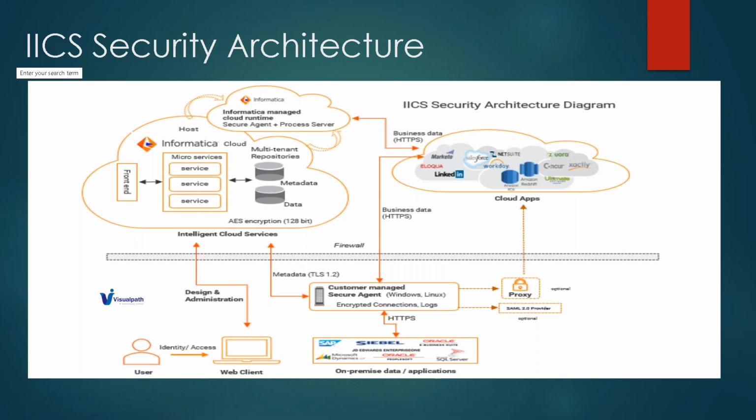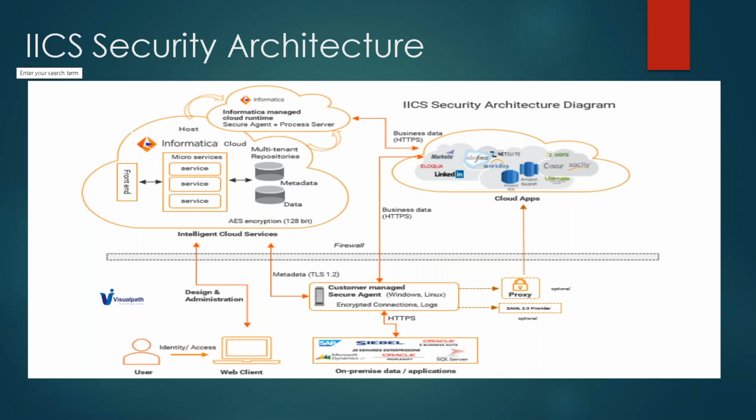This is a platform, a service which is more along the lines of infrastructure and platform as a service. What it means is you have a repository which is hosted on Informatica Cloud, in the sense that you host your metadata.